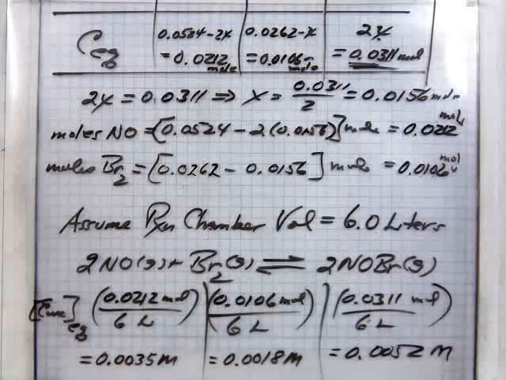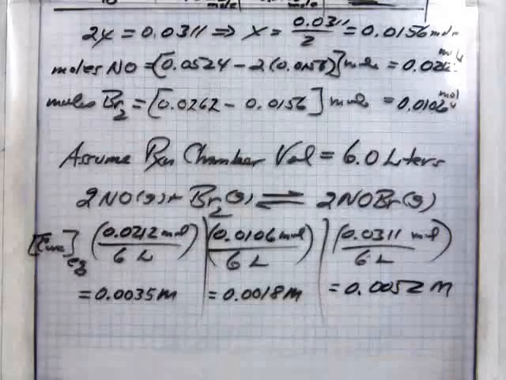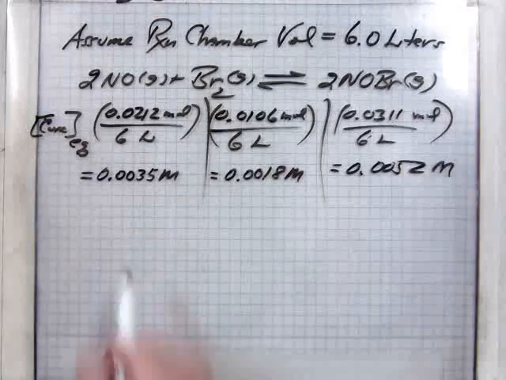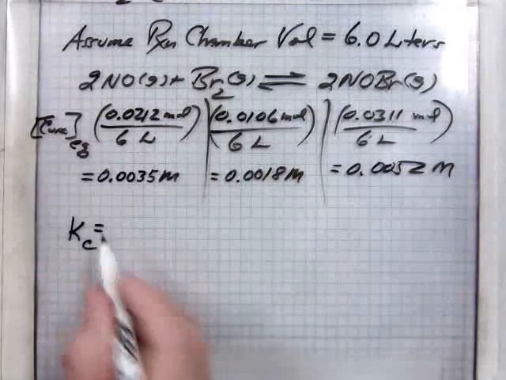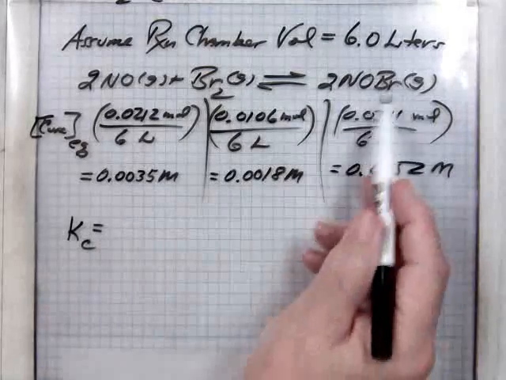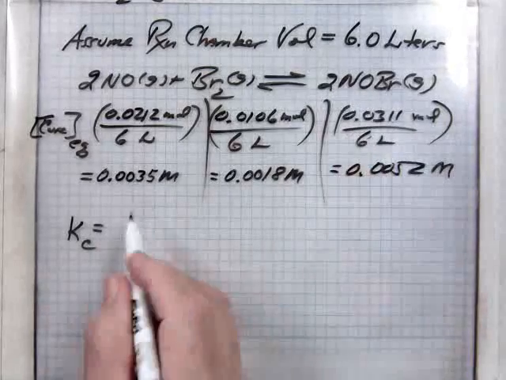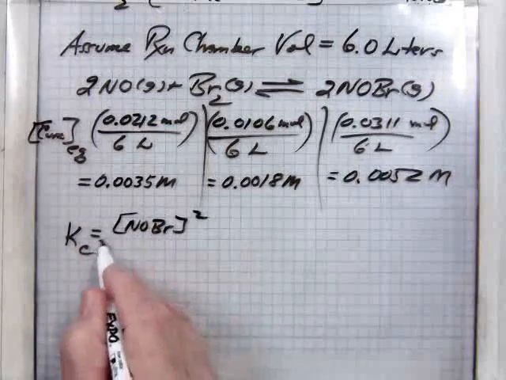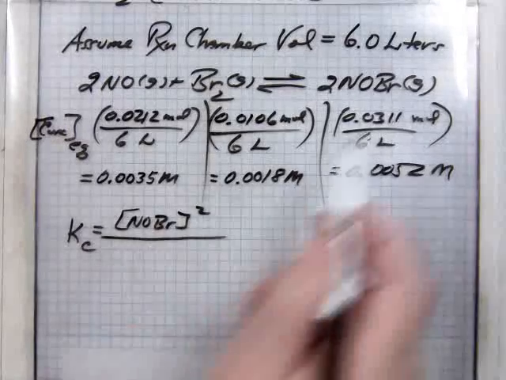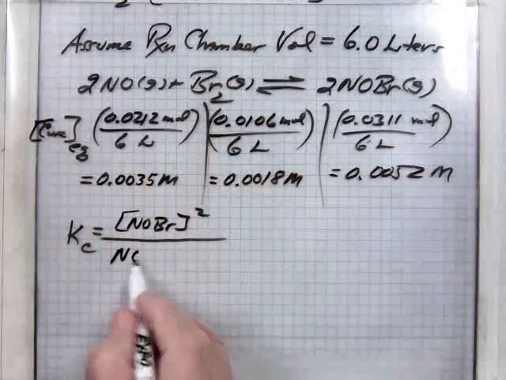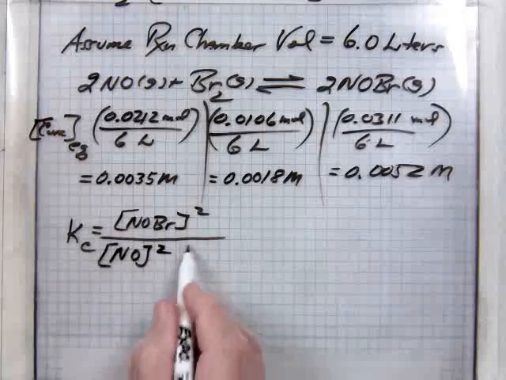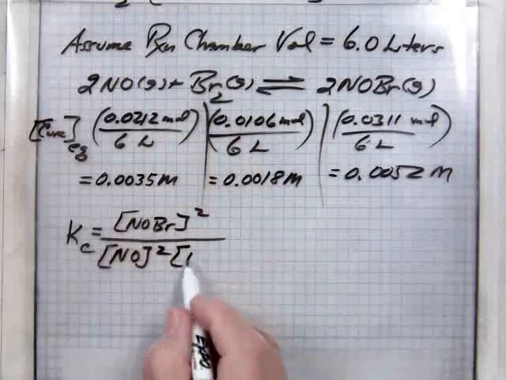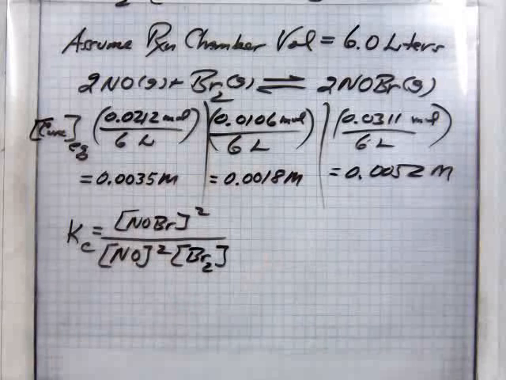And those are the ones you would apply to the equilibrium expression for the reaction. So now with that, we can write the Kc expression as molar concentration of NOBr squared divided by nitrous oxide, also squared, and the Br2 to the first power. Everybody still with me? Okay.